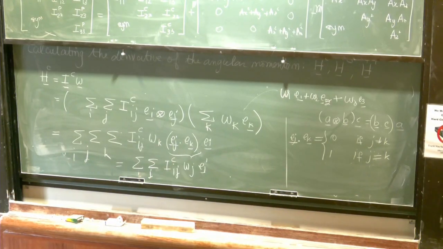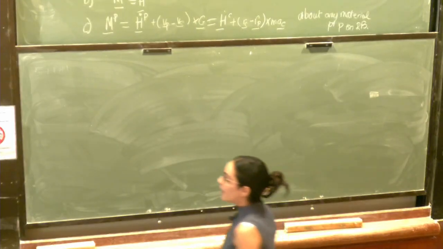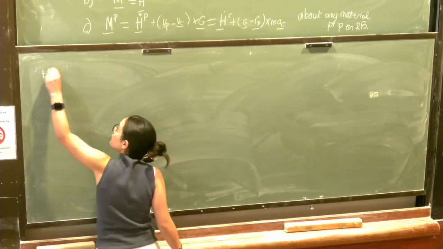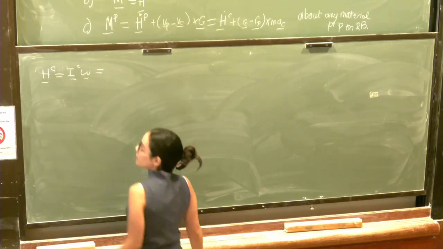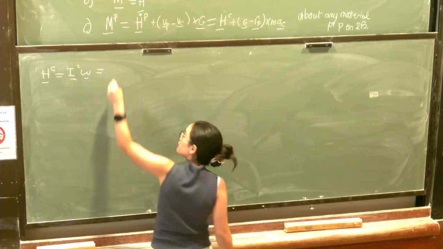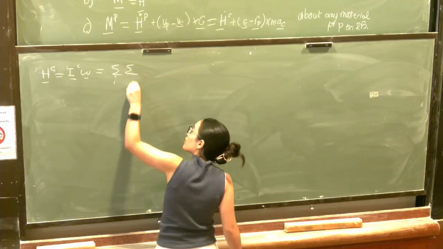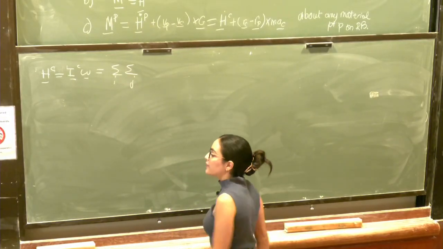Okay. So now I have that H^C is equal to the sum over i, j of I^C_ij omega_j e_i.